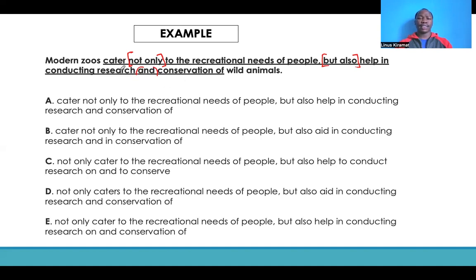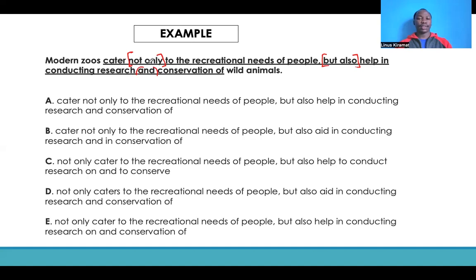So we can already tell that this cater must be referring to recreational needs of people, but it does not refer to help in conducting research. So this second part of the correlative conjunction is not related to the first, but they are in the same parallel structure, right?